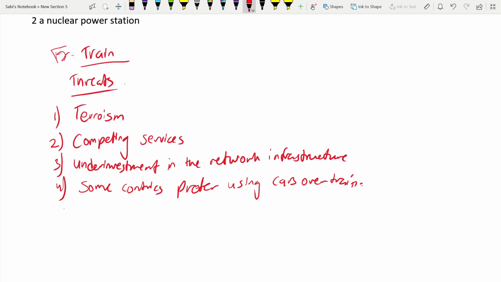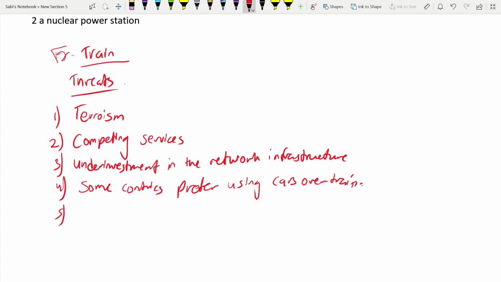And finally, the fifth threat that could occur: losing the franchise or right to operate the service. It can happen. Sometimes you might lose the service, or the franchise, if the service is provided by a private company. If you are a private company providing the service, you might lose that franchise or the right to operate the service.